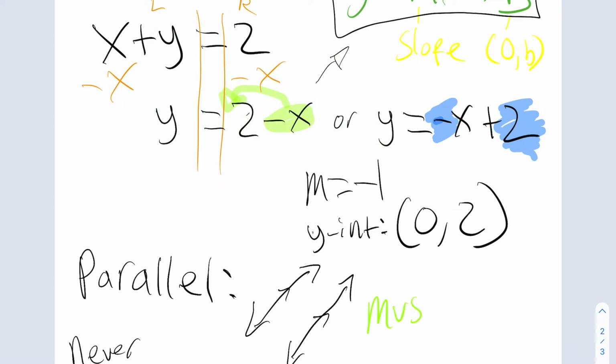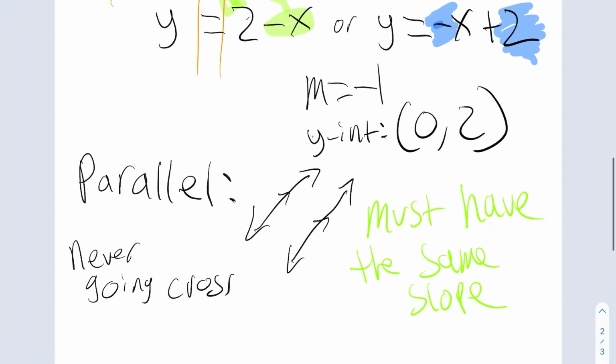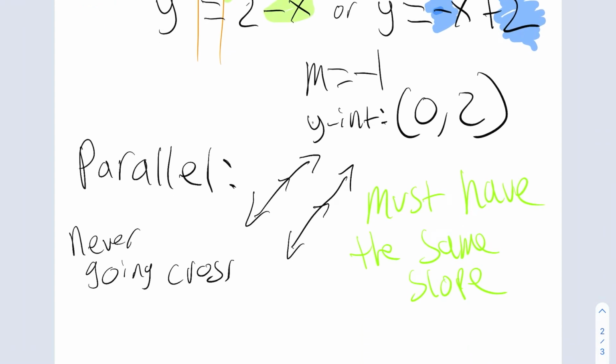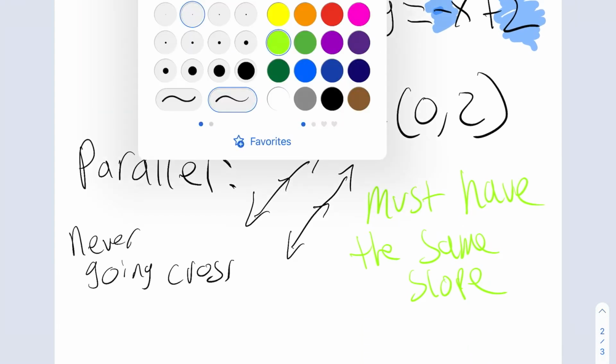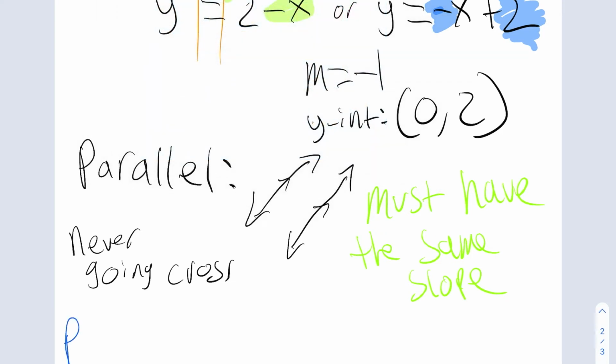So in order for lines to be parallel, they must have the same slope. That's like saying the rise over run is the same, or the m is the same. They must have the same slope in order for them to be parallel.